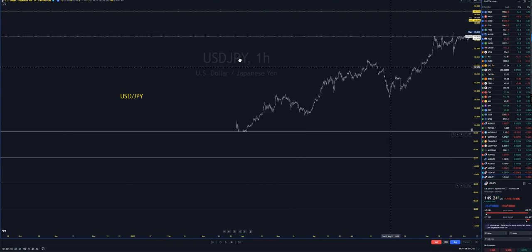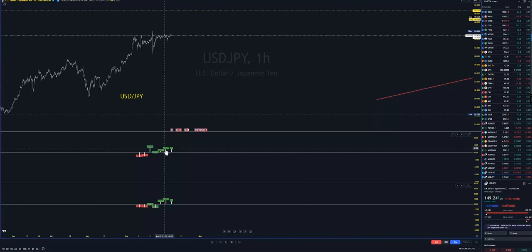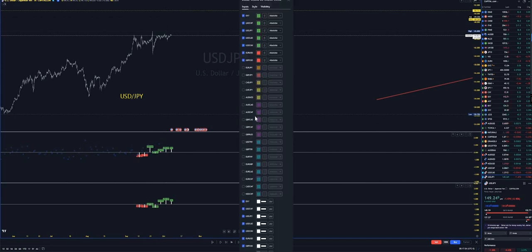We are using again here the correlation. For the correlation, I have put my personal criteria, but you can use your own if you like. For my criteria, I say if dollar index is above zero, US dollar Swissy is above zero, US dollar Japanese yen is above zero, US dollar Canada, US dollar CNH are above zero, in other words, all these three.